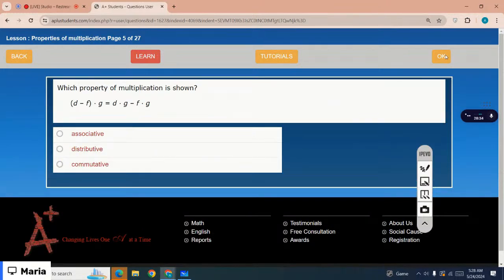Which property of multiplication is shown? D minus F times G. Which property is it? Associative, distributive, commutative. Which is the correct option?